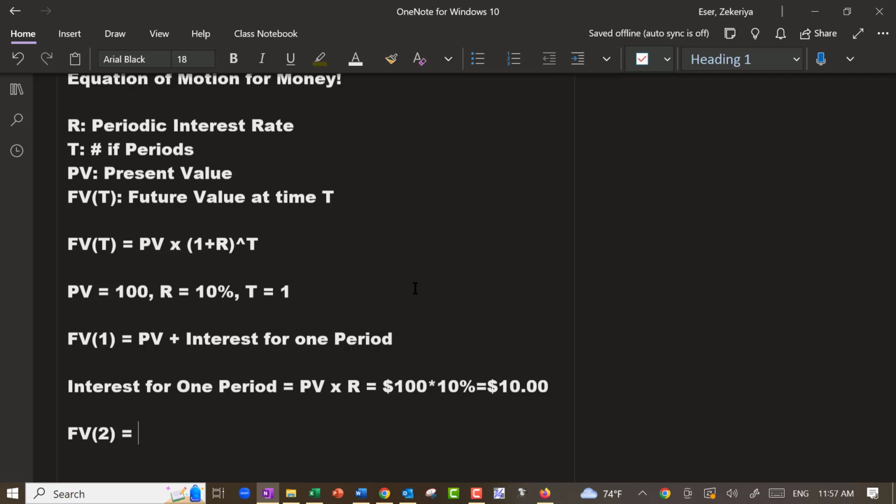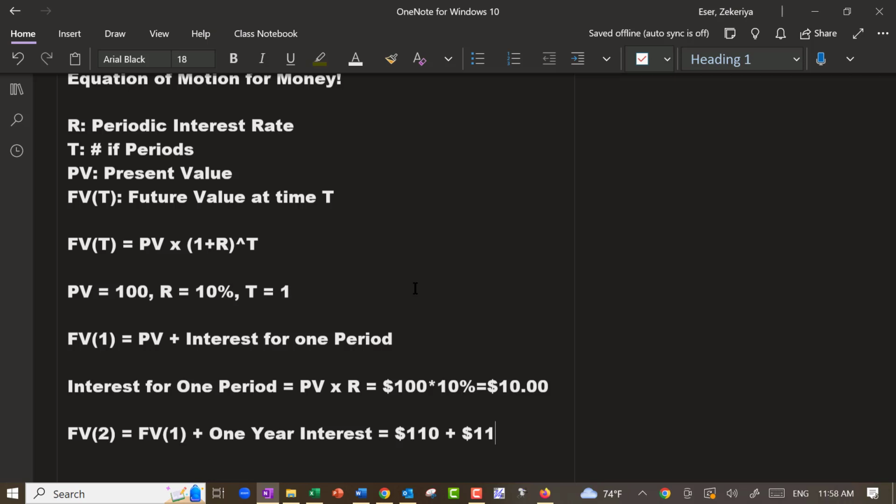Which means future value at time 2 is future value at time 1 plus 1 year interest. But in this case, future value at time 1 was 110, plus I'm going to add 11, and that's going to be 121.